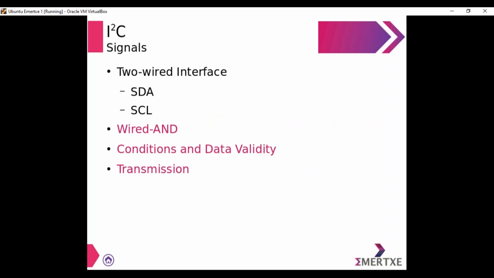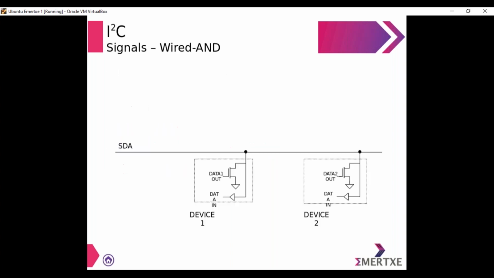Then we saw the two-wire interface, the SDA and SCL lines. We saw the wired AND concept. In the case of wired AND, if the line is not being used, every device in the network is going to read a 1.